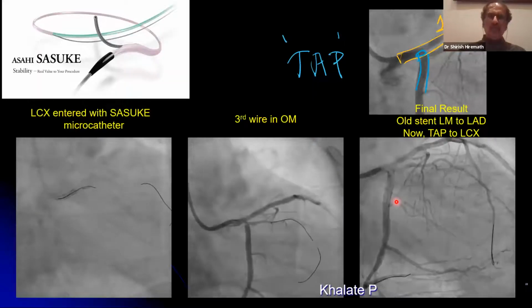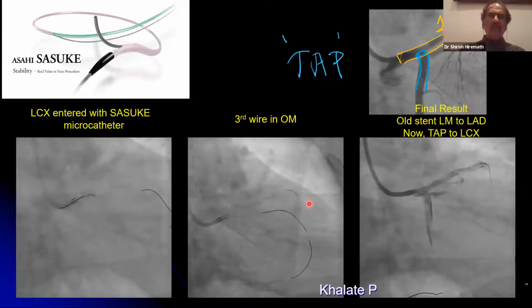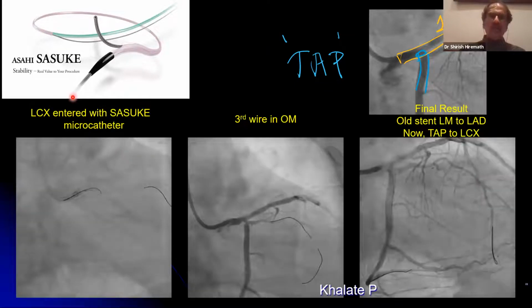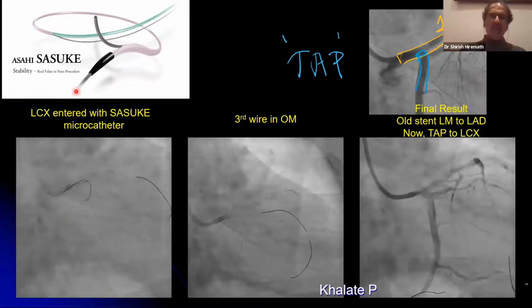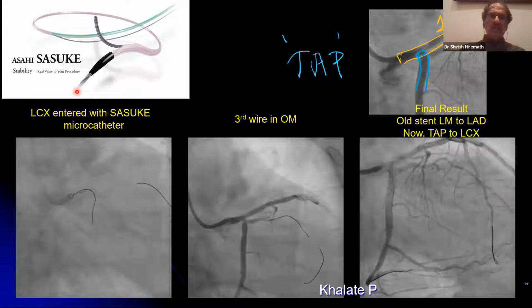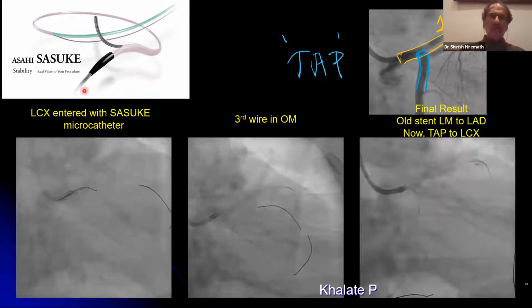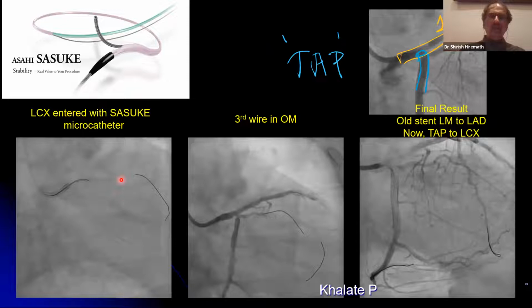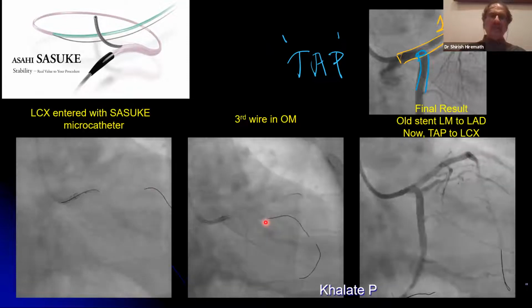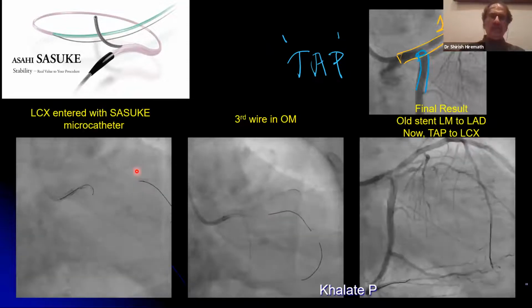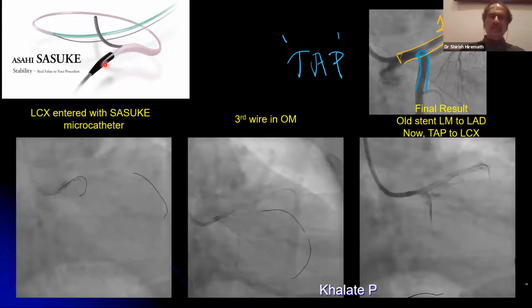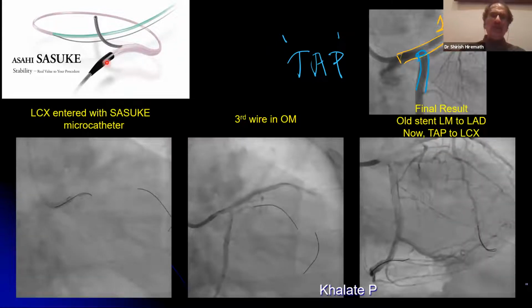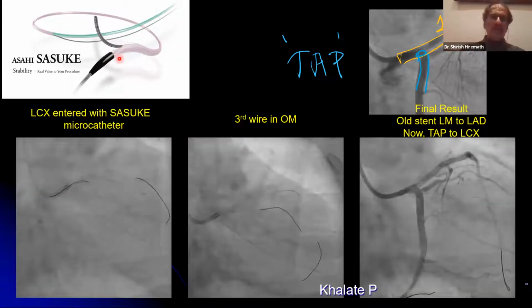So we used this Sasuke catheter. In the Sasuke catheter, you have a terminal hole for the wire. So this tip goes over the OM1 wire, and through the side hole, which is a few millimeters behind the tip hole, you can push your wire on the side.